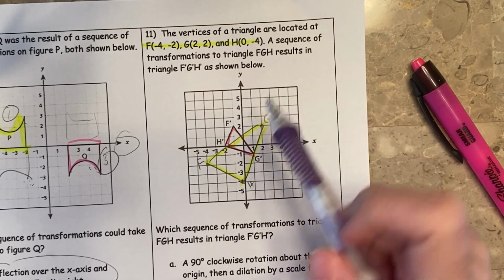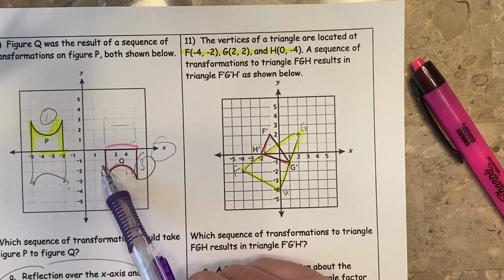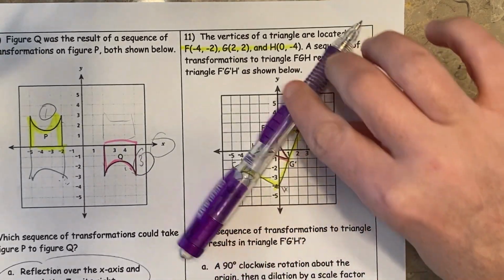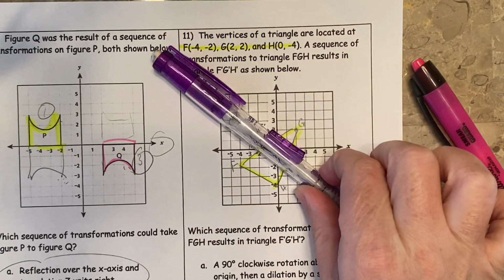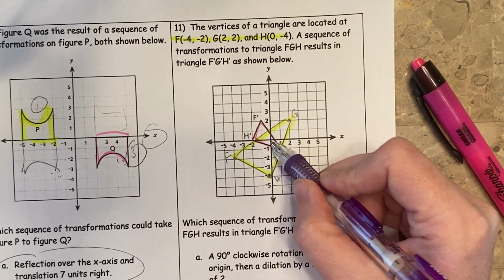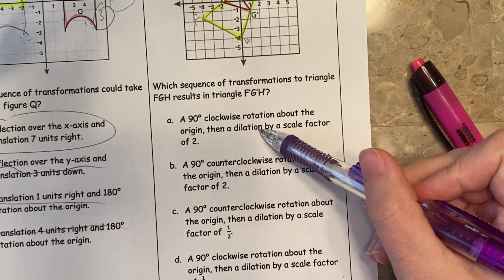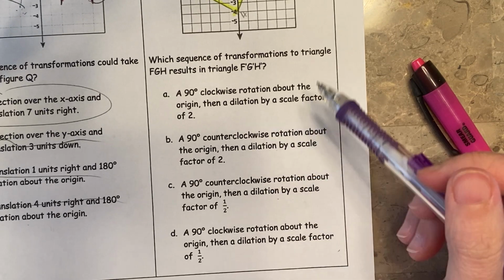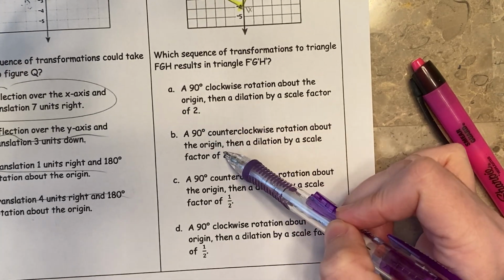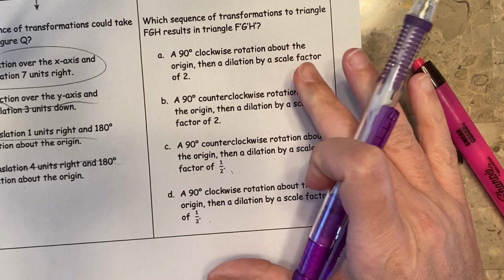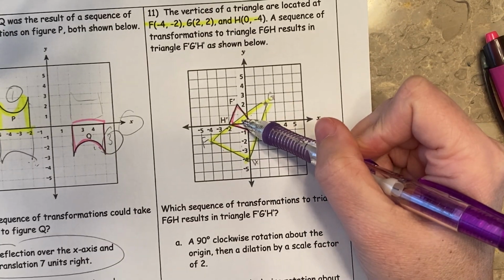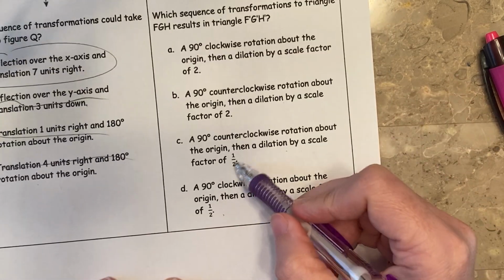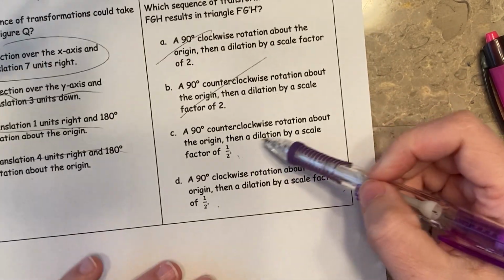So this one you can see looks very different than this. They definitely have a rotation going on, definitely have a turn, and the size is different. So it has to be a dilation. Okay, so they all say dilation, but notice 2 of them would be an enlargement and 2 are a reduction. So definitely always use your multiple choice to help you. So from the original to the end, it got smaller. So smaller has to be a fraction. So A and B have to be out.